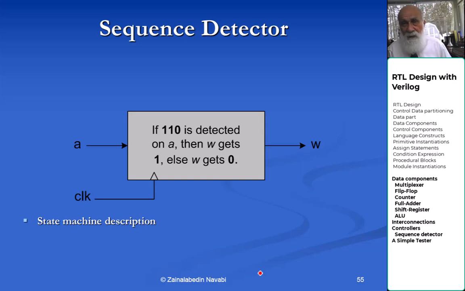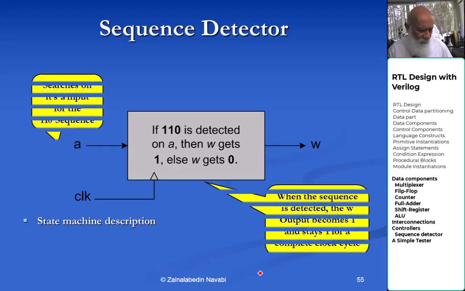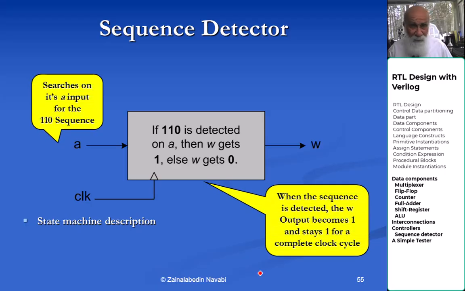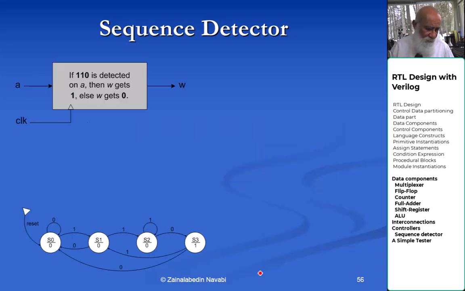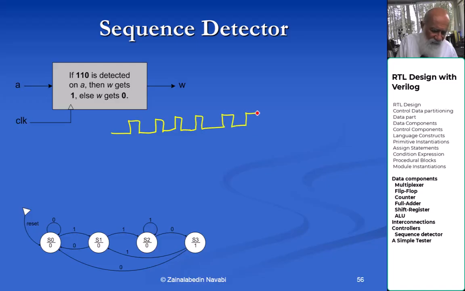Let's see how I code it in Verilog. It has an input A, it has a clock input, and it has an output. The way it works is the following. I have a clock. These are clock pulses, and let's say I'm using the positive edge of the clock.